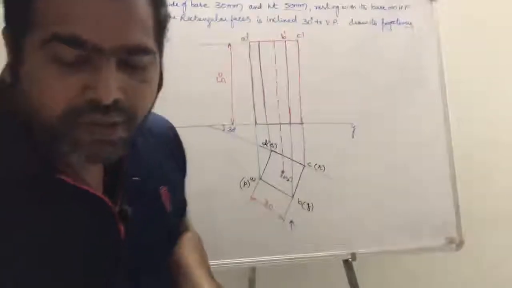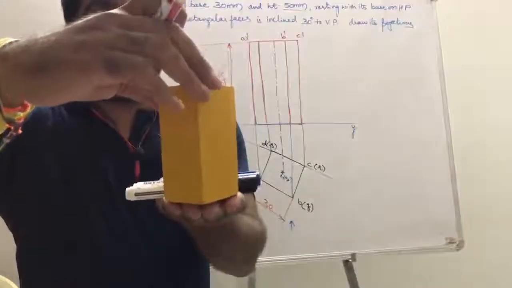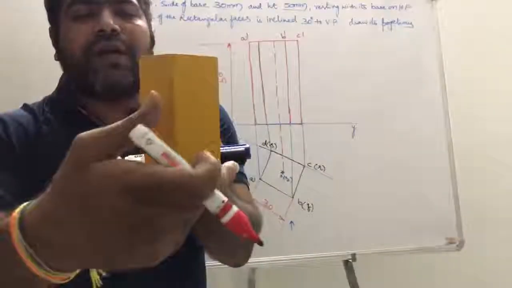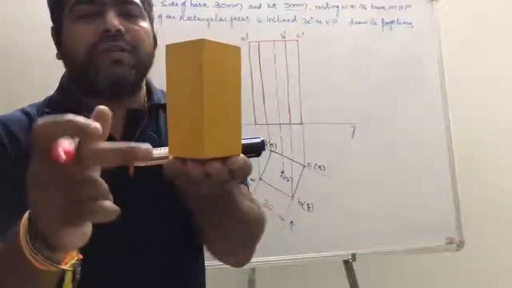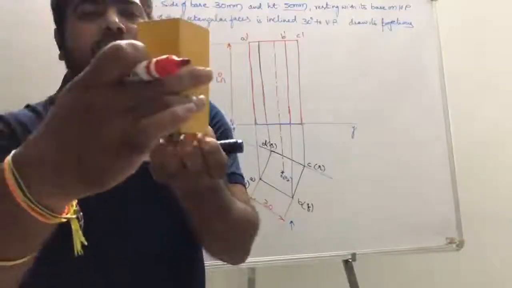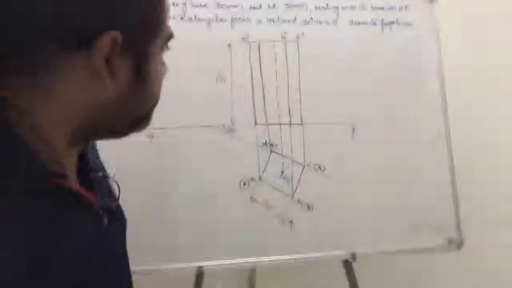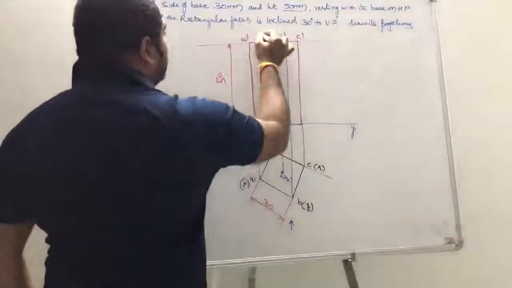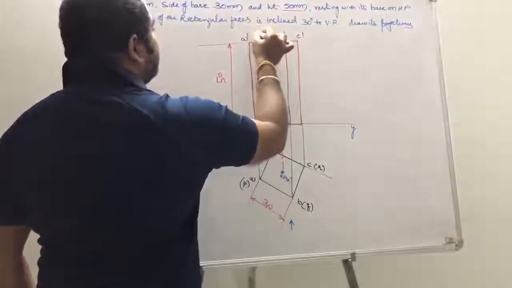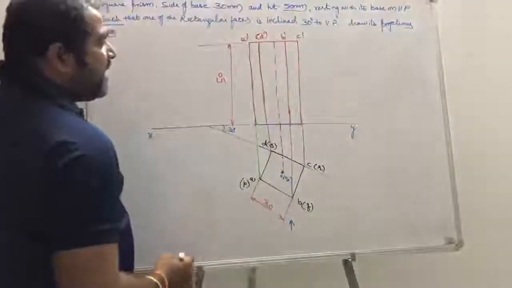Why? Because when you see from this side, three corners are visible and the corner behind is invisible. So D is put in brackets, as (d dash).